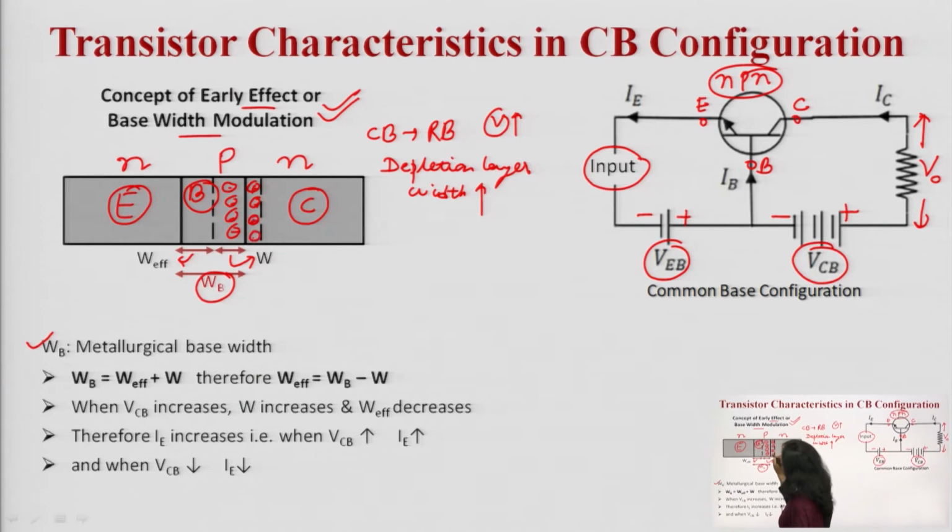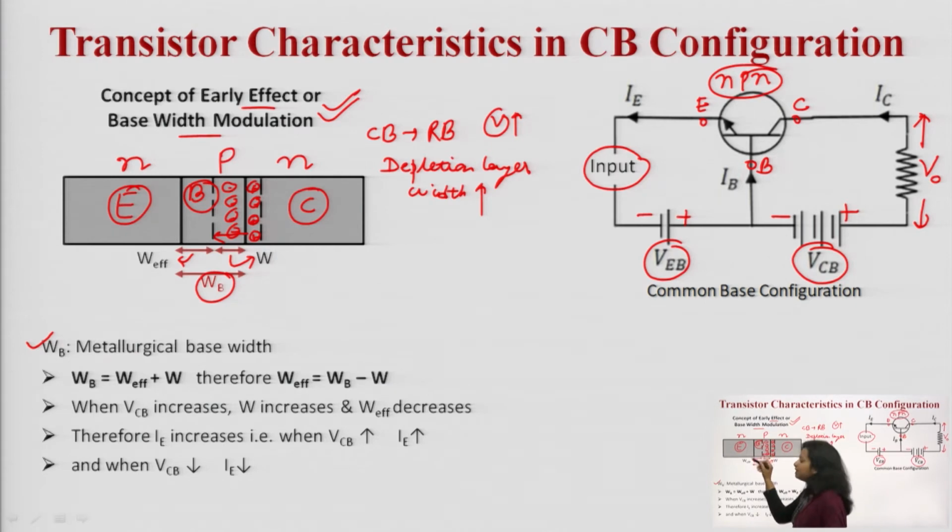When you increase the reverse bias potential across the collector base junction, this width keeps increasing, meaning W will increase. So, W effective is that particular portion of the base where recombination can occur, because in this particular portion, immobile ions are not available.